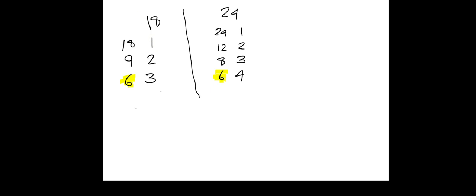So, if we divide the numerator and the denominator by that common factor, we will have simplified the fraction. 18 divided by 6 is 3. 24 divided by 6 is 4.